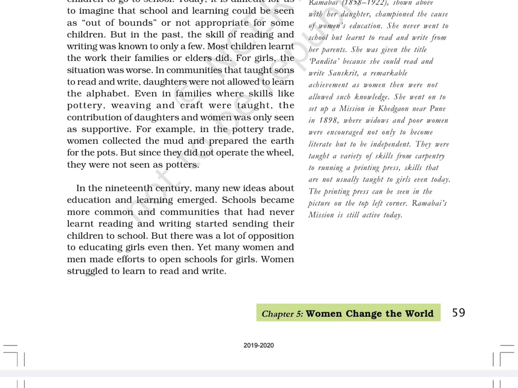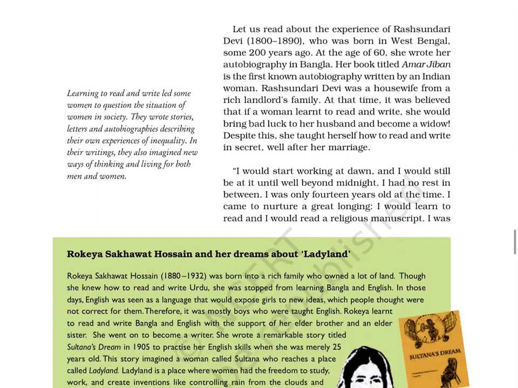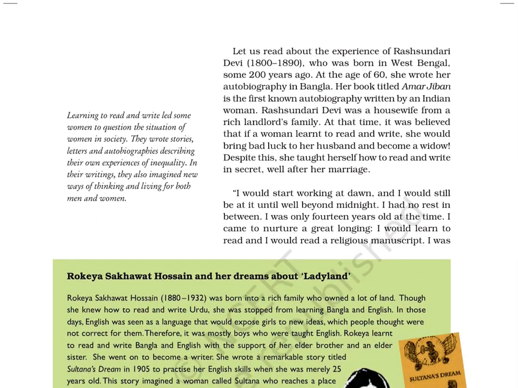Page number 60. Let us hear about the experience of Rashsundari Devi, from 1800 to 1890, who was born in West Bengal some 200 years ago. At the age of 60, she wrote her autobiography in Bangla. Her book, titled Amar Jeeban, is the first known autobiography written by an Indian woman.